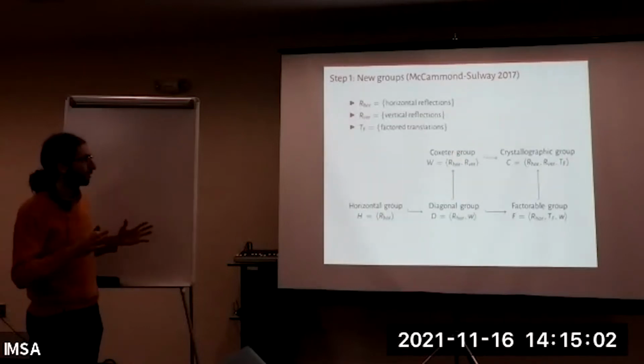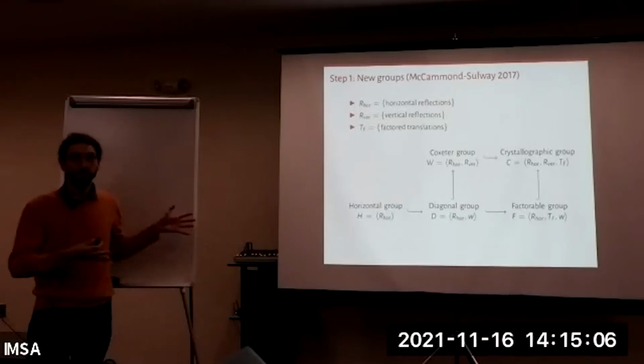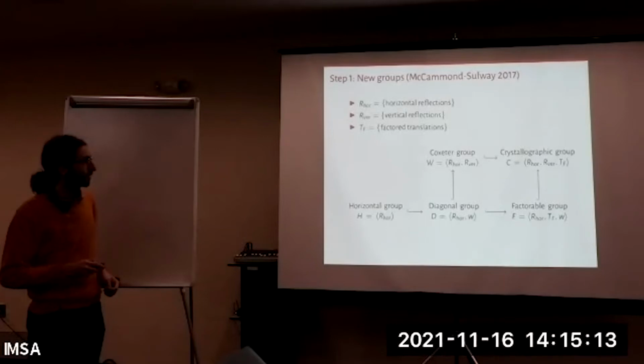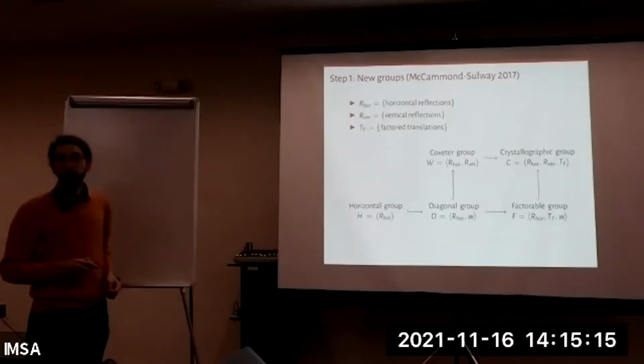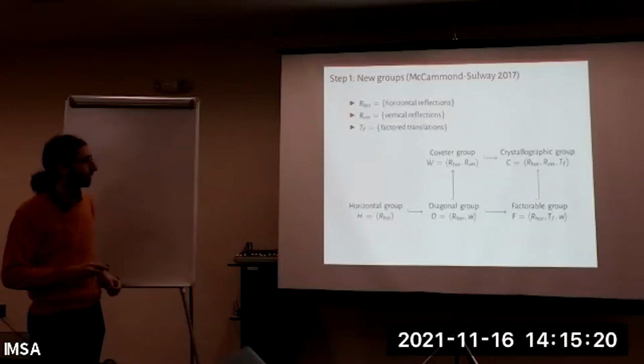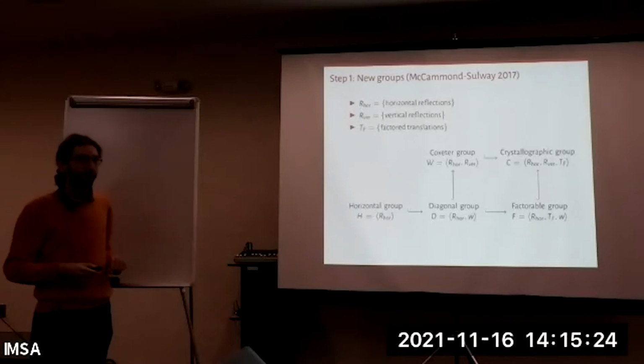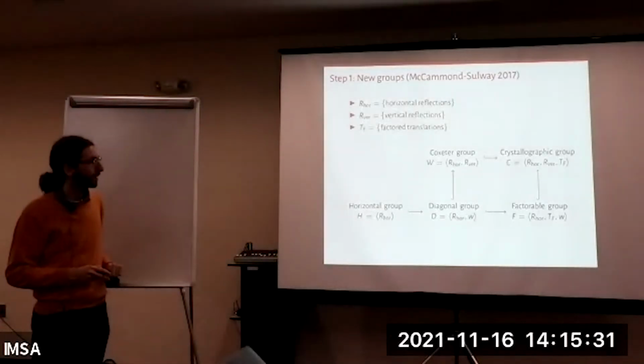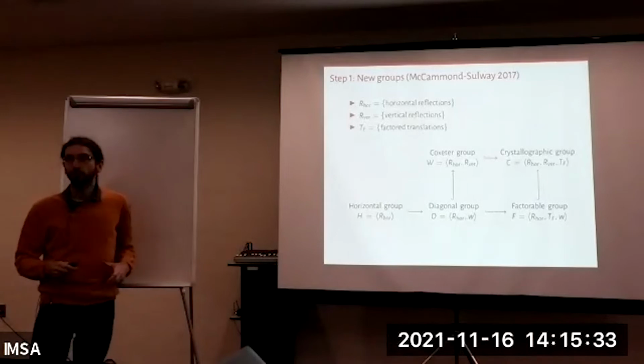So we started from what McCammond and Salvetti gave to us, which is an affine Coxeter group, generated by horizontal and vertical reflections, as I defined earlier. They extend it to what they call a crystallographic group, which is not a reflection group anymore, by adding certain new translations.